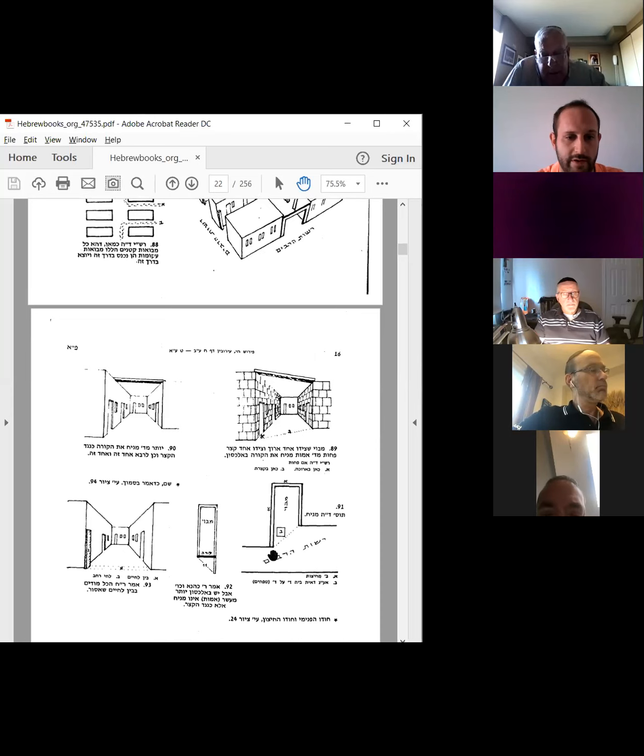Now we have the above picture. If you're doing the diagonal, you get this almost, not quite, trapezoidal shape. Whereas if the gap is too large, as you see in diagram number 92, then that whole extra space is simply lost.